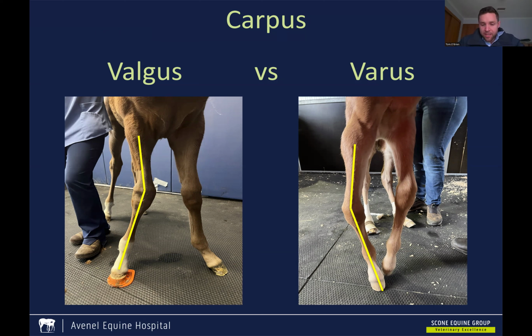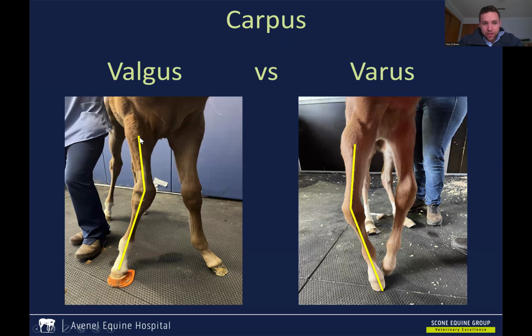Now, one of the key things is that if we're standing in front of the foal and we're looking to see whether or not there's a carpal angular limb deformity, you want to start drawing lines in your head. You want to look at where the line below the carpus is going. Hopefully you can see my mouse.